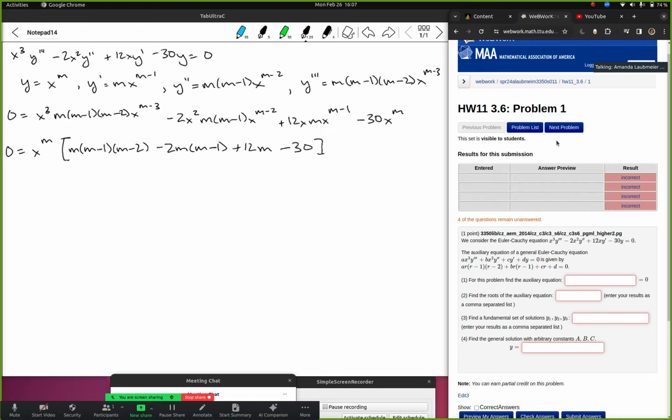And in either case, I get to the point where 0 is m times m minus 1 times m minus 2, minus 2m times m minus 1, plus 12m minus 30. And then I just have to start multiplying things out.